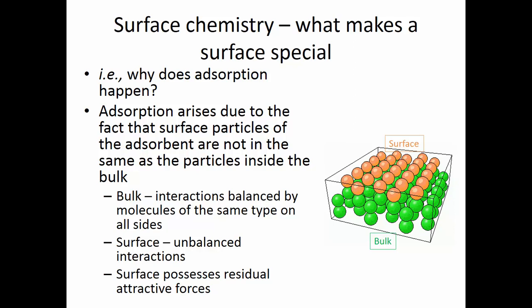On the surface, of course, is the surface. It's unbalanced. You've got molecules of the same type on most sides, but not on the top. So these surfaces have residual attractive forces, and they will attract certain things. If a surface is, say, plastic, that's very hydrophobic, so you might have residual attractive forces like hydrophobic interactions.